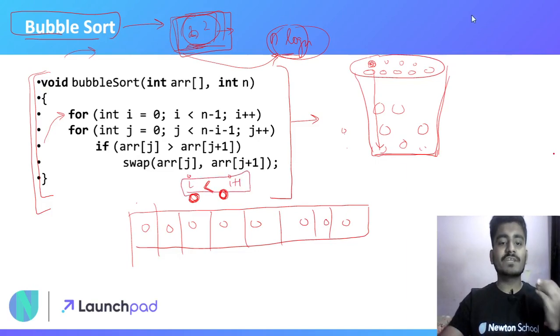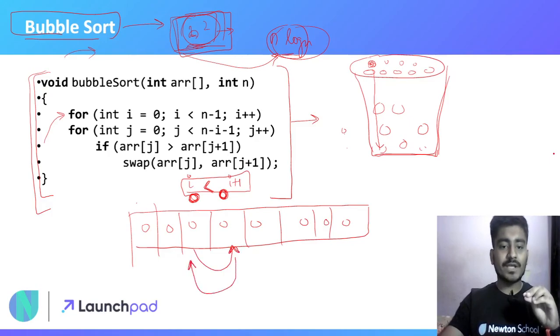Otherwise, we will swap them. Swap means I will place the ith element at the i plus 1th position and the i plus 1th element at the ith position. By doing this, I am correcting the order of any two elements that are placed adjacent to each other.